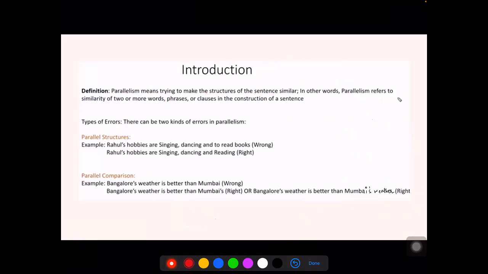For example, I have written here one sentence. Rahul's hobbies are singing, dancing, and to read books. Now you can see here, singing, dancing, and to read books are not a parallel structure, because singing is a noun and a verb. But here, singing is considered a verb because of this helping verb are.